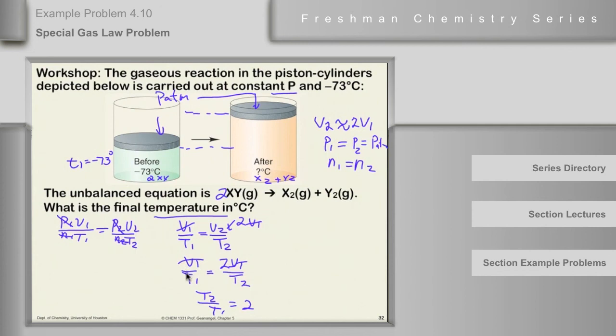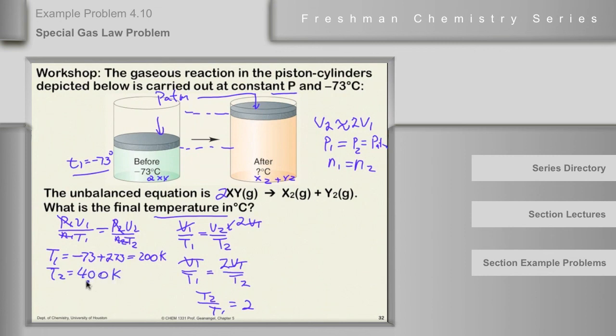All right? So all we have to do to solve this is convert this to Kelvin temperatures. So T1 is equal to minus 73 plus 273. That's 200 kelvins. So T2 is going to be equal to 2 times that, or 400 kelvins.